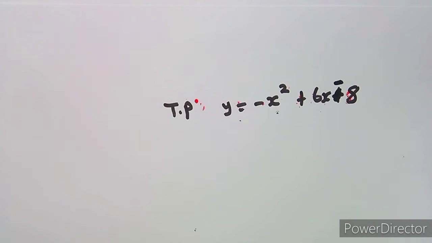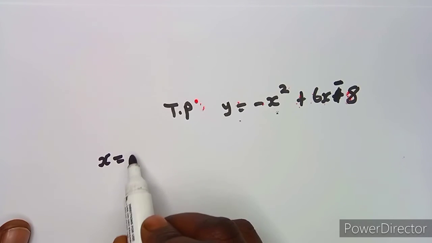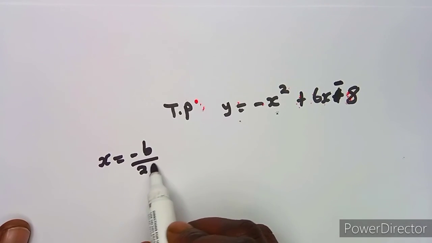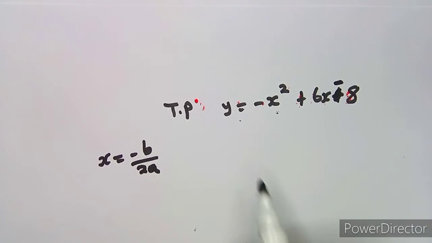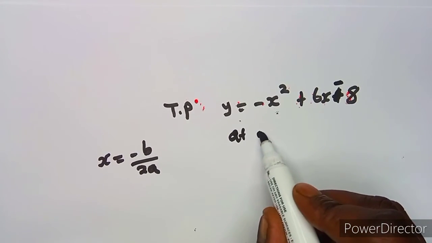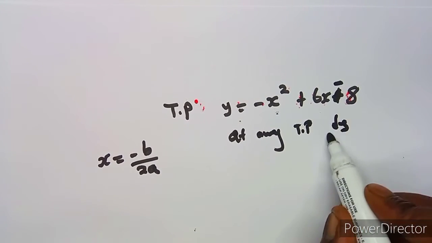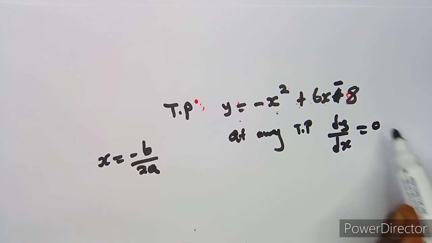We can use the derivatives to find the turning point, or we can use the condition that at the turning point x is equal to -b over 2a, or we can simply use that at any turning point, dy/dx is equal to 0.